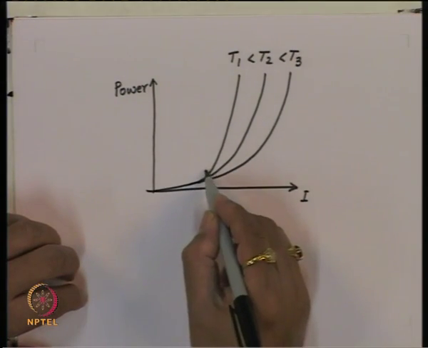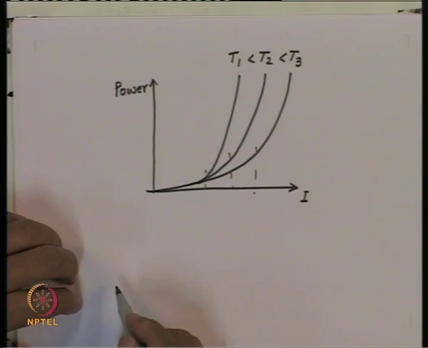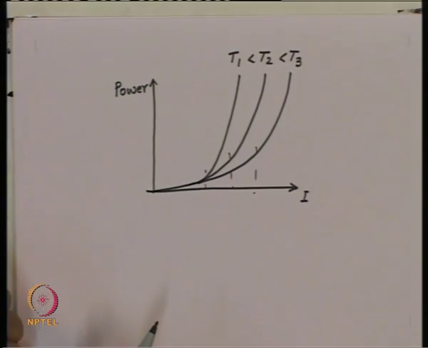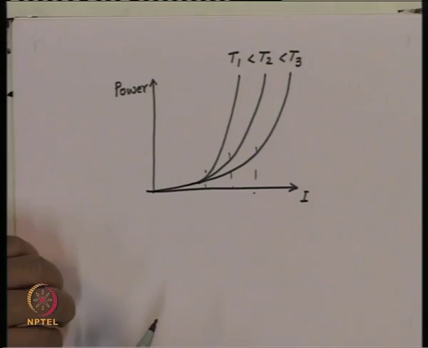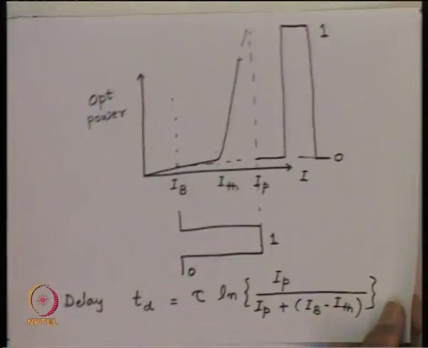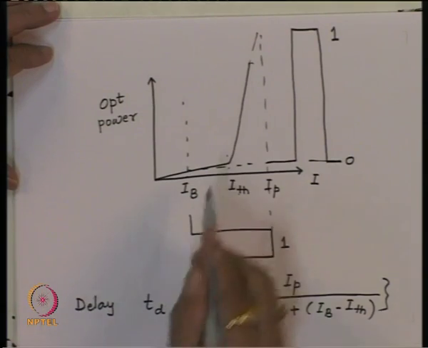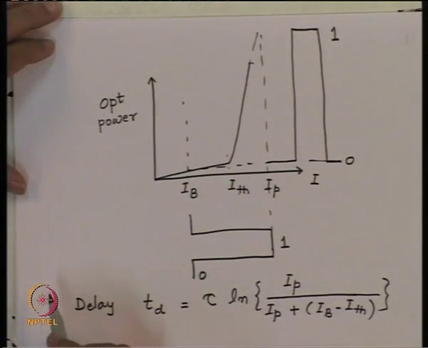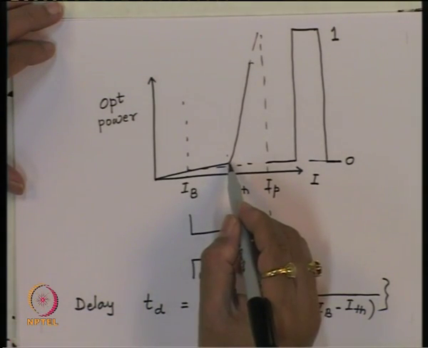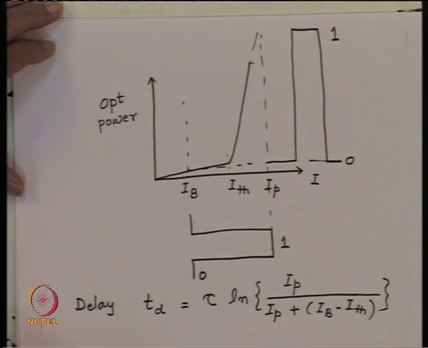So, effectively what it means is that the threshold current is increasing as I go for higher and higher temperatures. So, initially let us say if we had biased the laser at certain point here, then because of the current flow all the time, the junction temperature will increase. When the junction temperature increases, the threshold current will increase. So, the biasing current will become smaller than the threshold current. So, it will introduce essentially a delay.